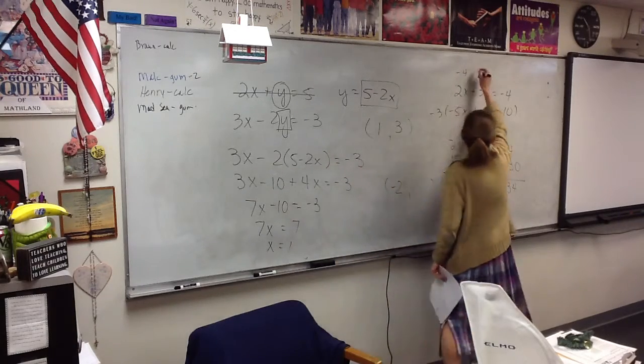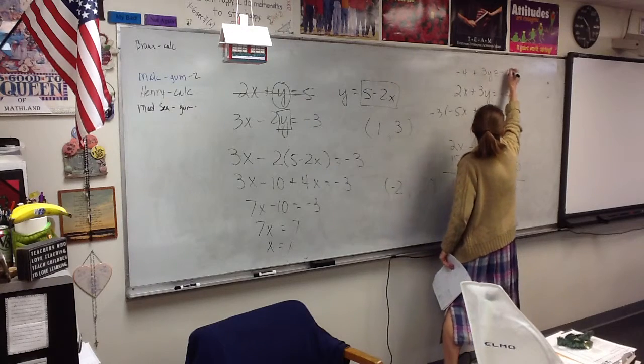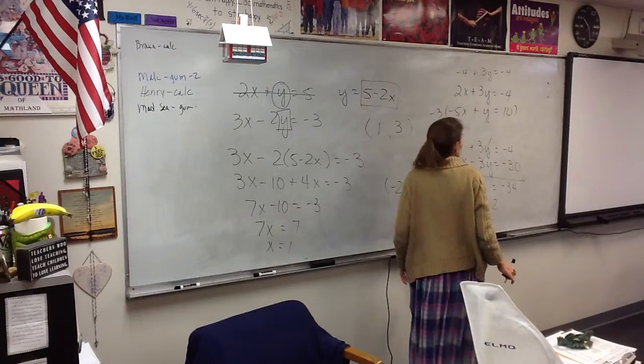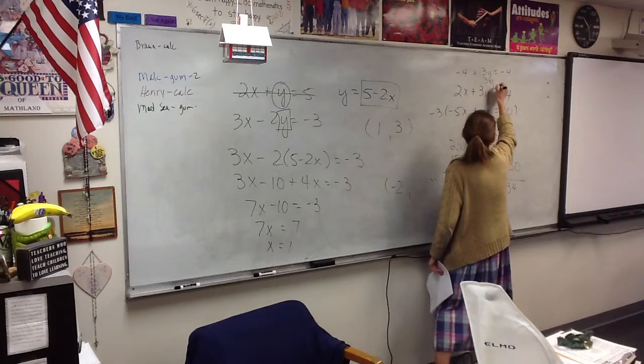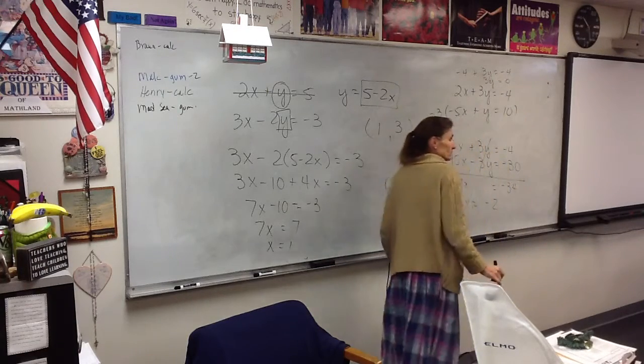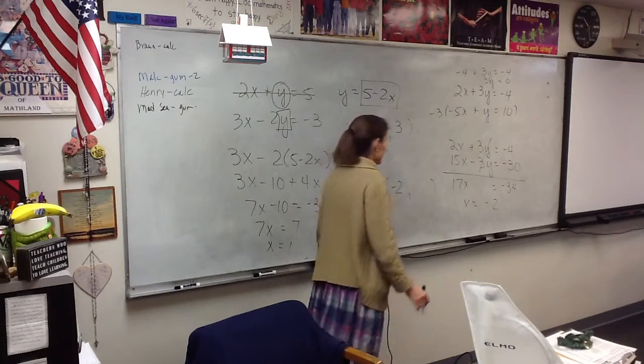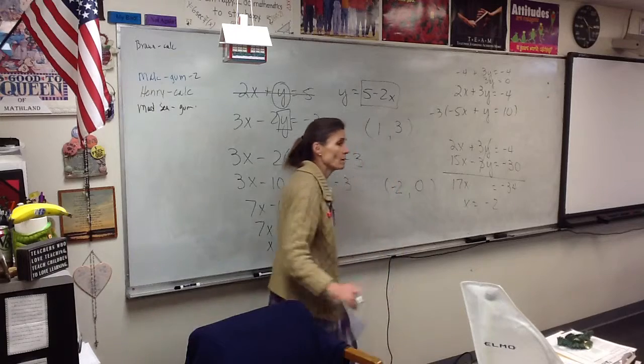So I have -4 plus 3y equals -4. Wait a second. That would give me 3y equals 0. What does that mean? It means y equals 0.